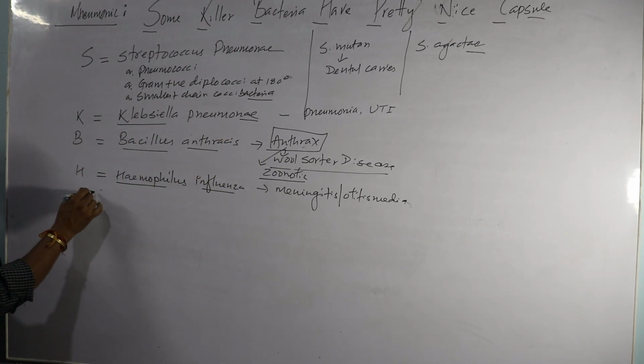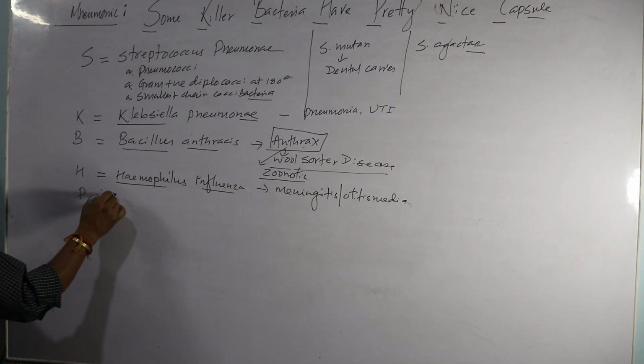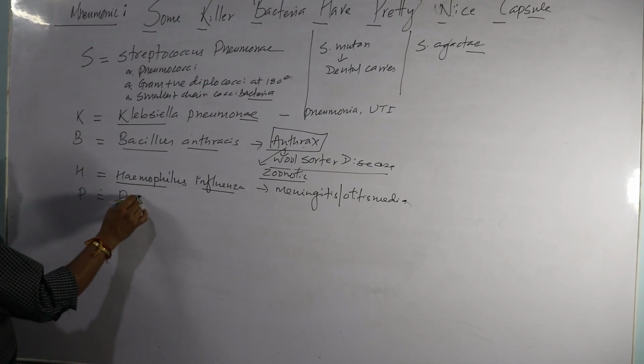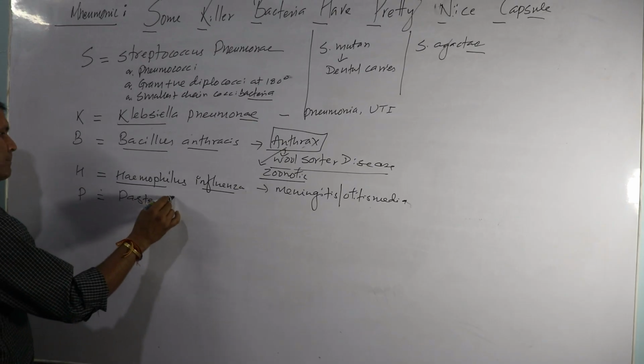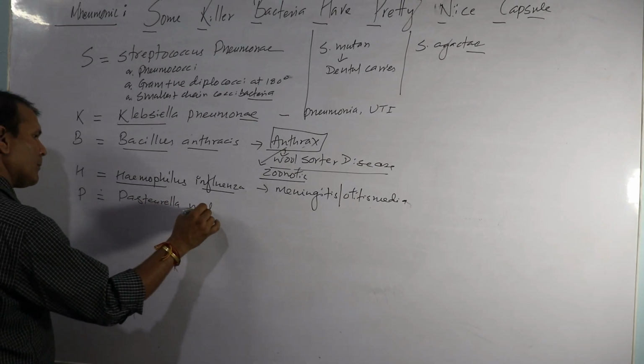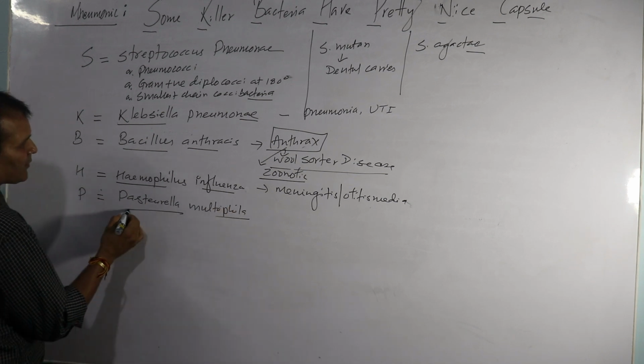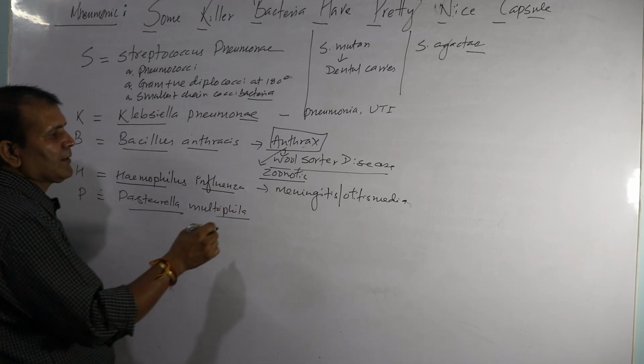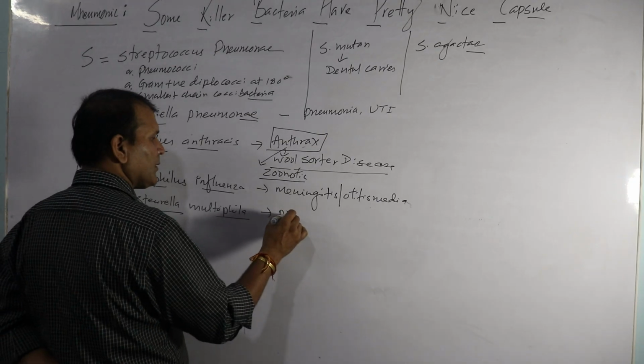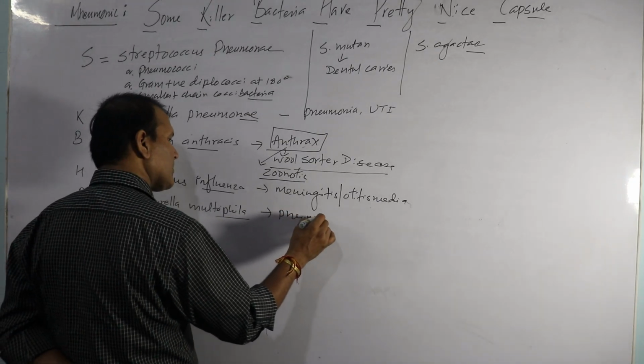P represents Pasteurella multocida. So this is also a gram negative bacteria. It causes animal-induced pneumonia. It's also zoonotic.